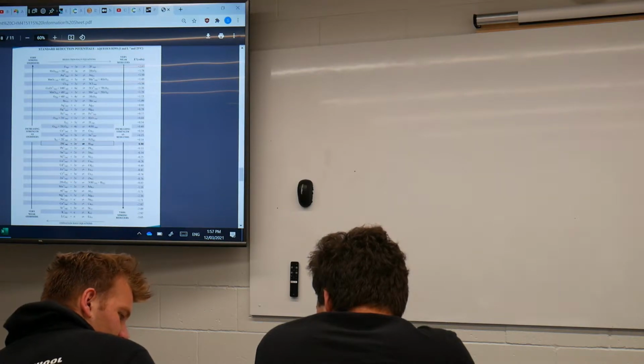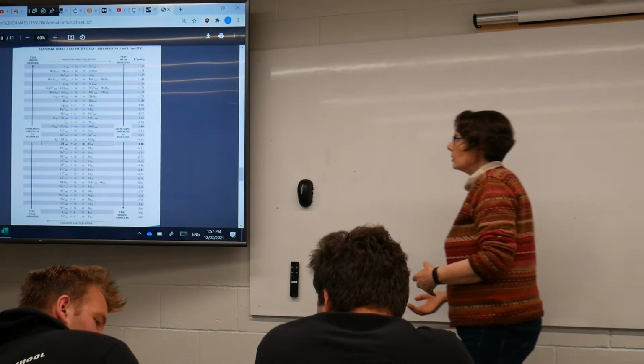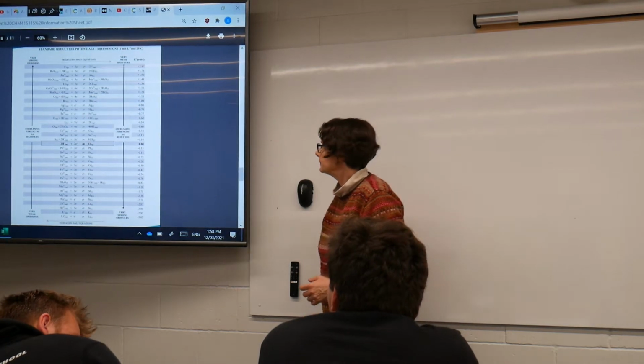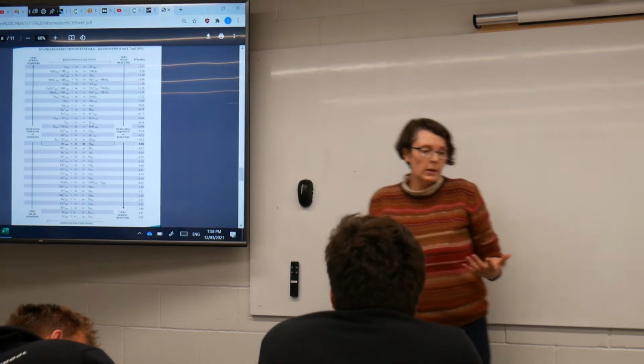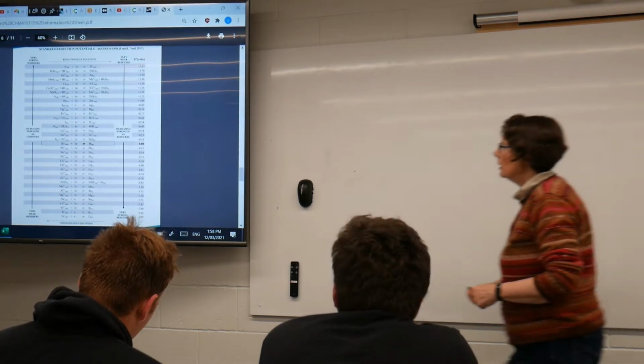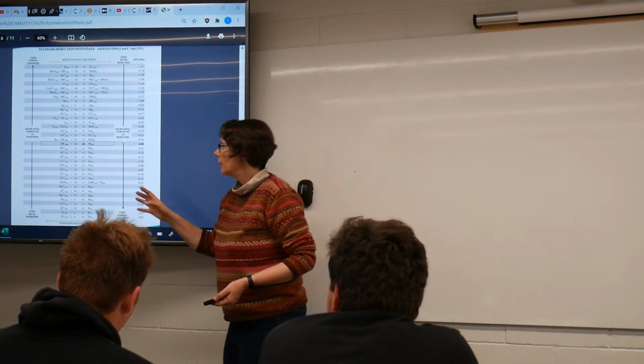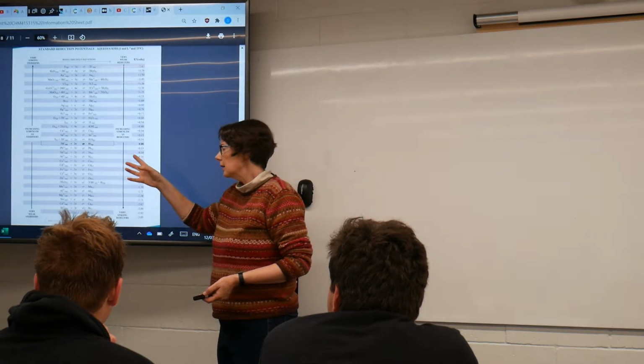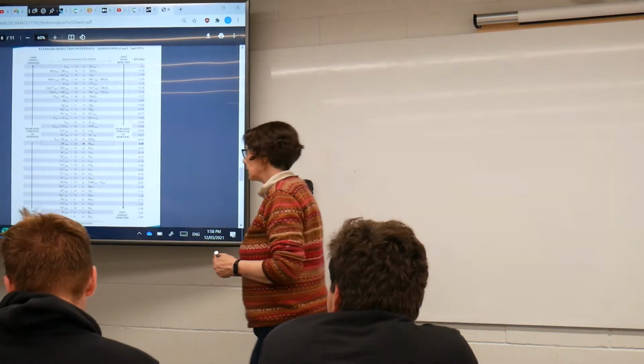Using the electrochemical series to predict whether a redox reaction can occur or not. What we need for a redox reaction to occur is the combination of a stronger oxidizer with a stronger reducer.